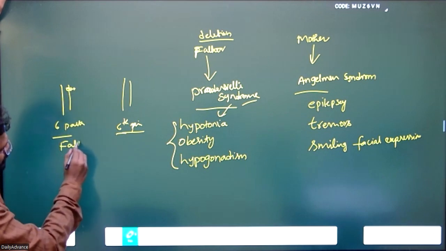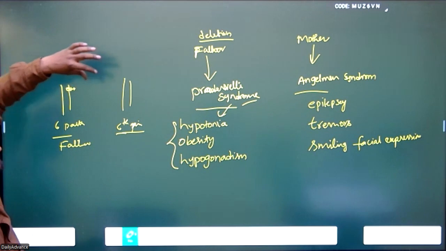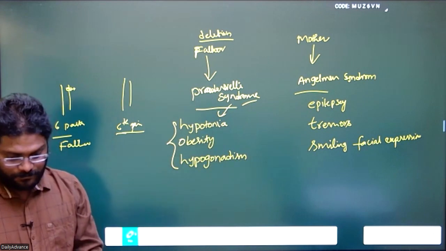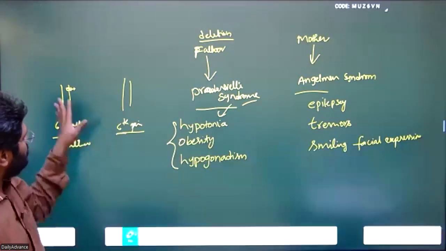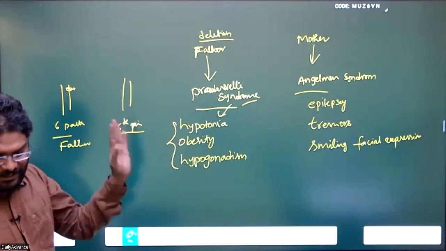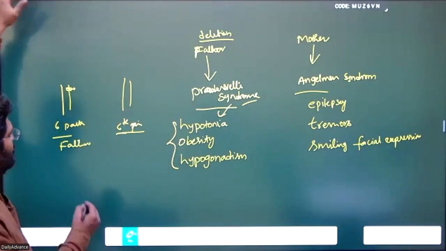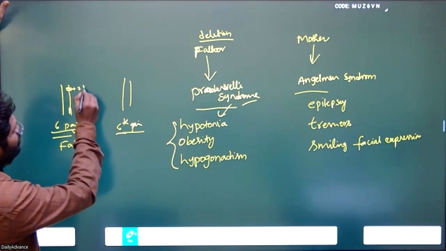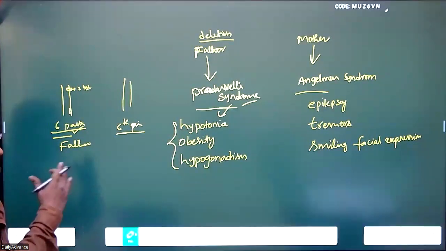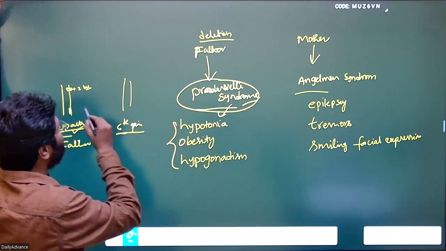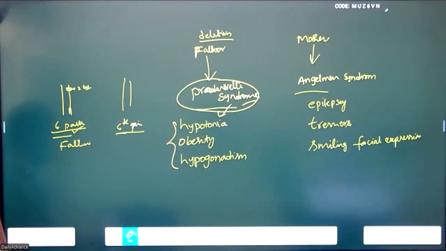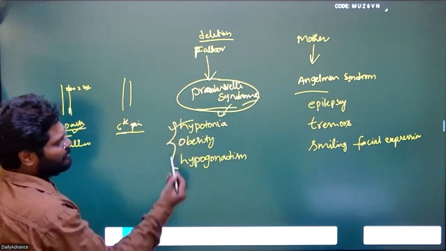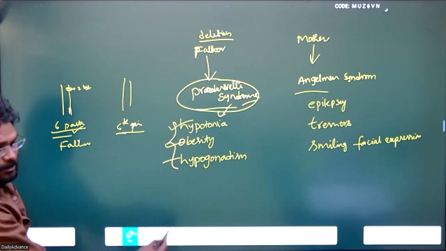Because it is the father, the deleted chromosome is inherited by the children, so the symptoms are Prader-Willi syndrome. If the mother is healthy with no deletions, and the father has a small deletion at the second loci of the sixth pair, that results in Prader-Willi syndrome because the shortened chromosome is received from the father. The symptoms expressed are hypotonia, obesity, hypogonadism.